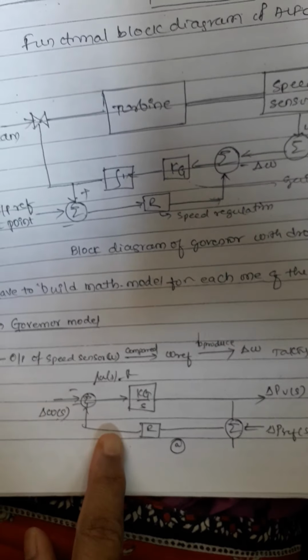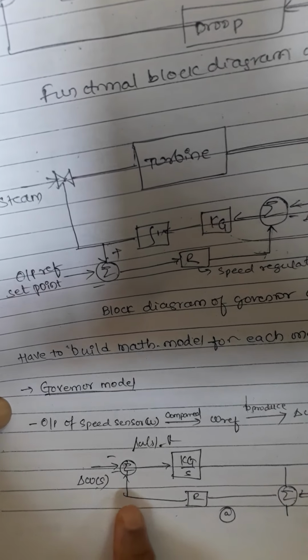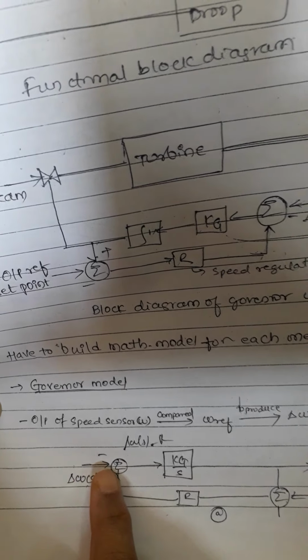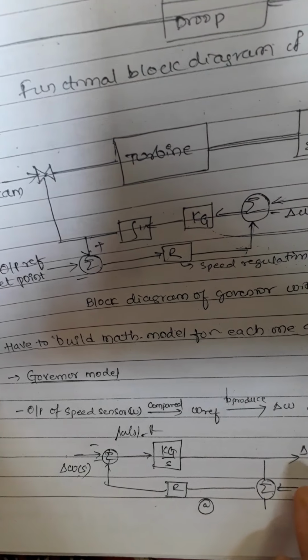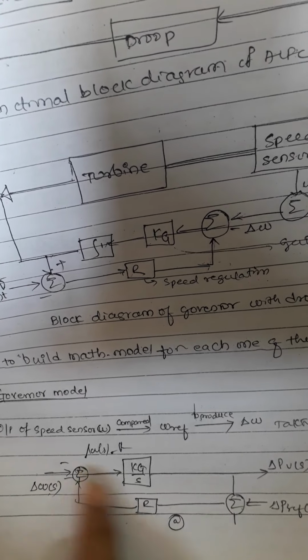Now the governor model, the same model, has been shown here. See here there is delta Ωs input, Kg upon s, one plant, and then the feedback is given through this.